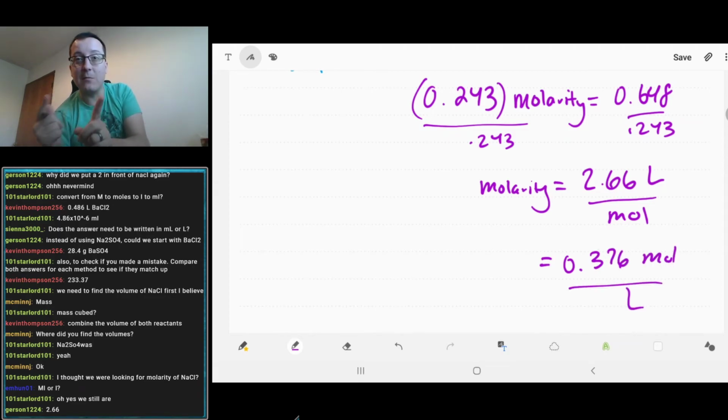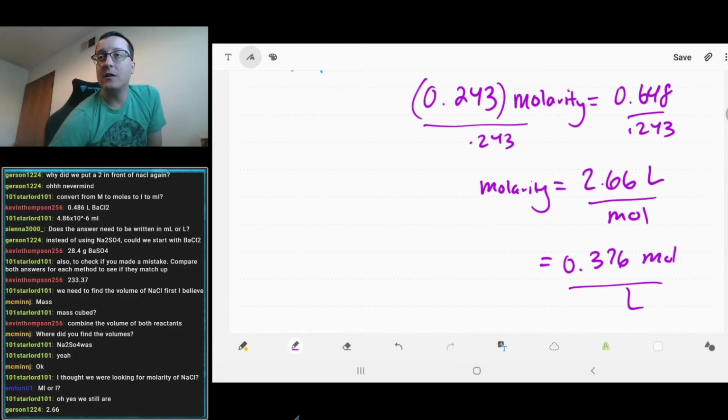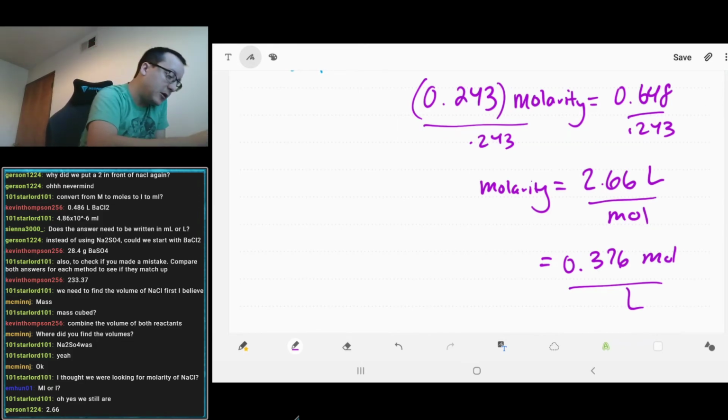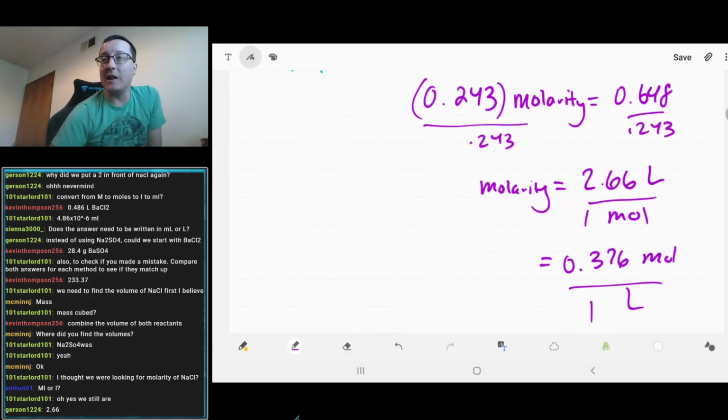It's exactly the same. I've just flipped it. So instead of having however many liters per 1 mole, I'm just going to flip that upside down and make it so we have moles per liter, just because that's the most common one that we typically have.